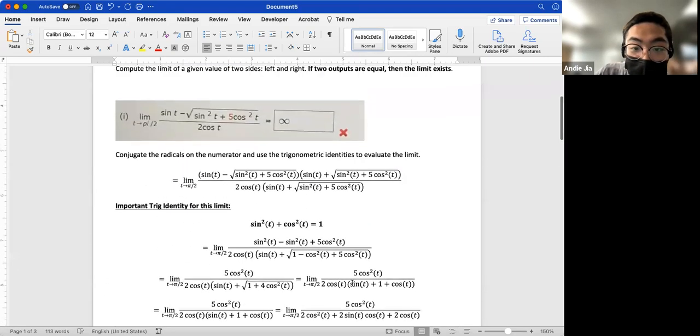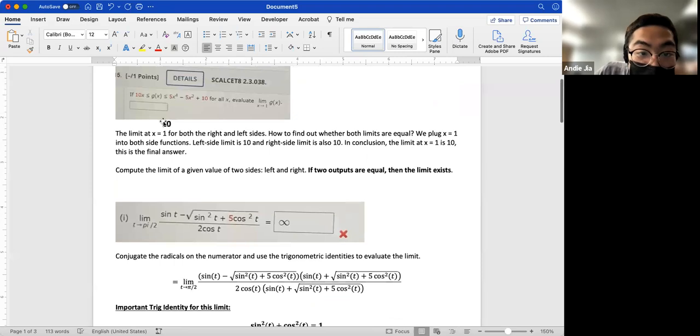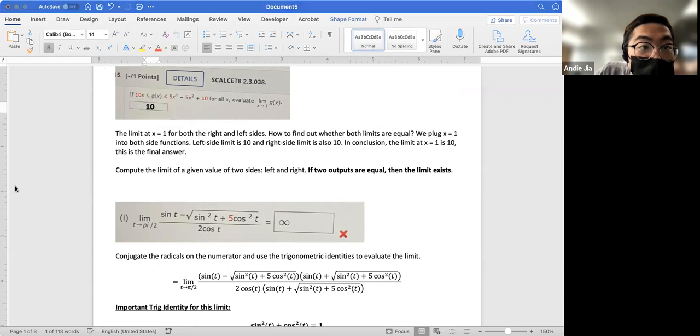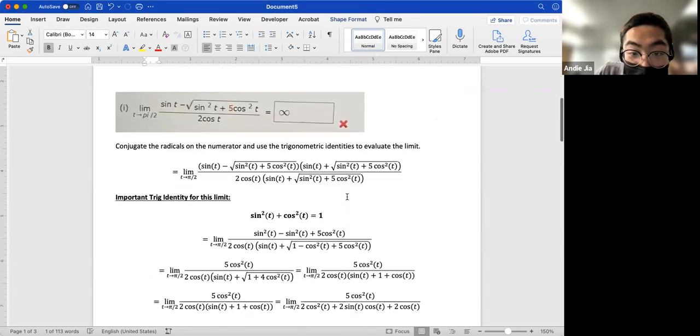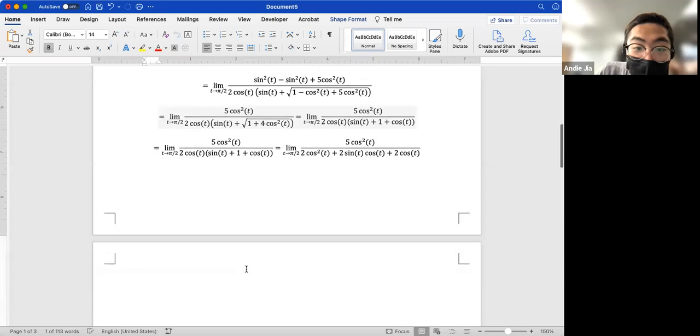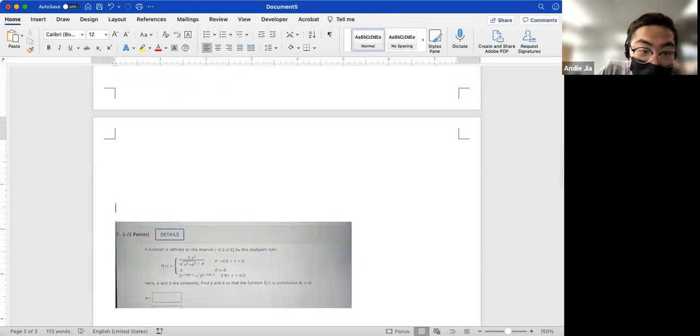That's it for this limit. The final answer is 0, not infinity, because you need to do some work here.